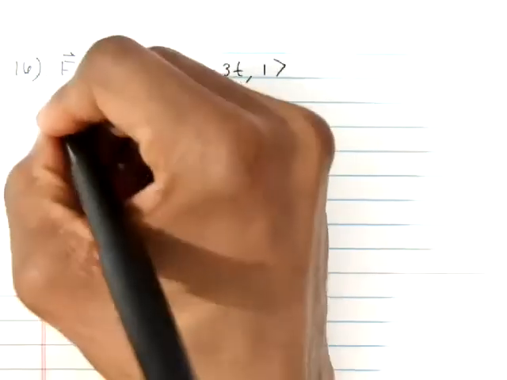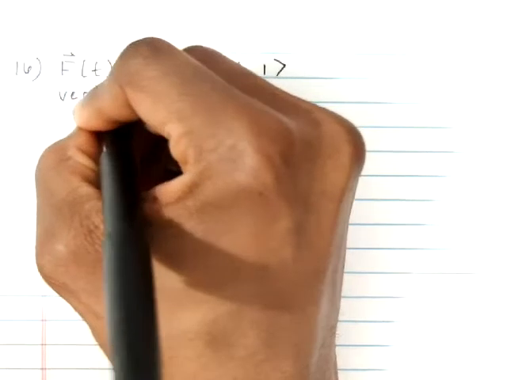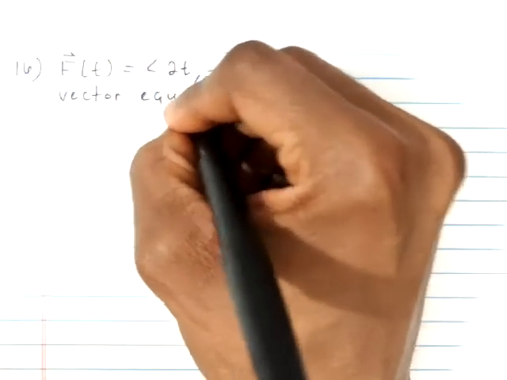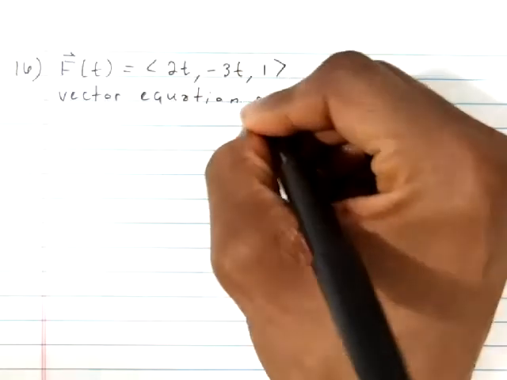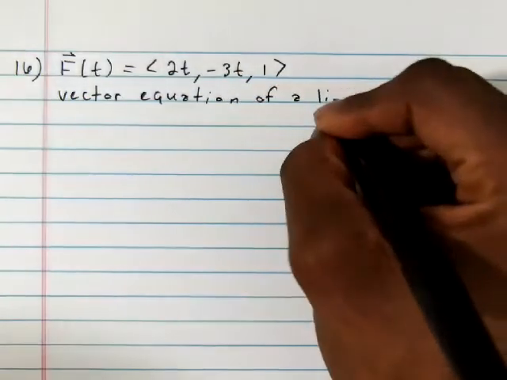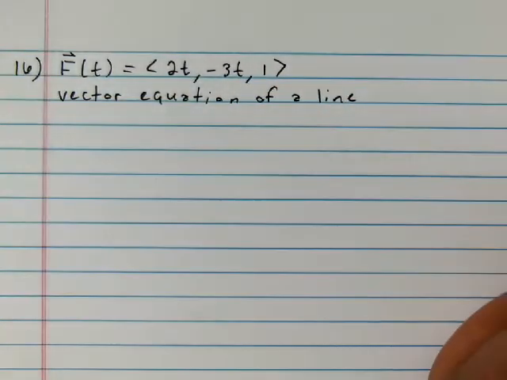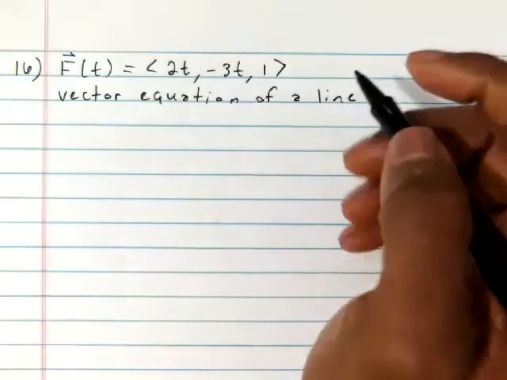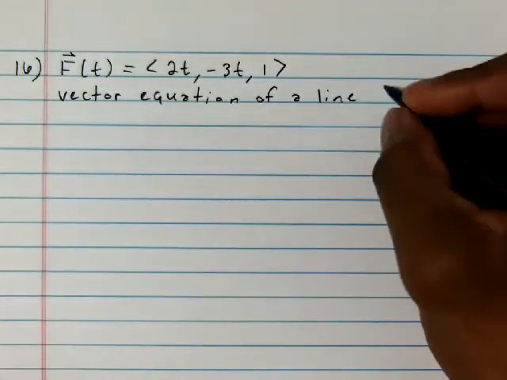So this is just a vector equation of a line, and you all are familiar with identifying what a parallel vector is and a point on the line from those equations. So we can automatically do that.